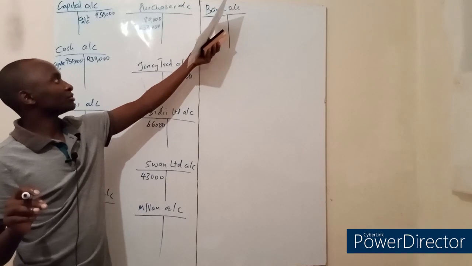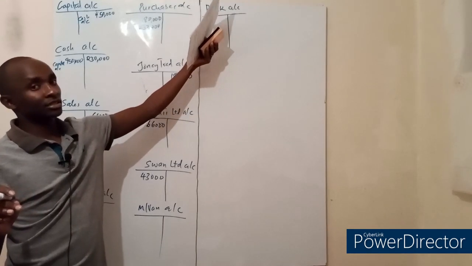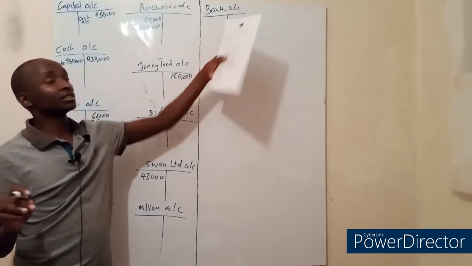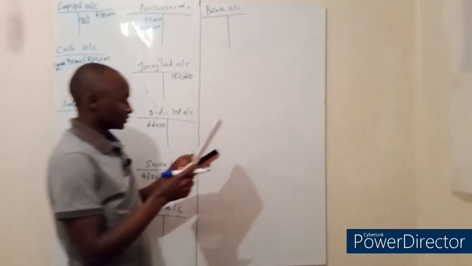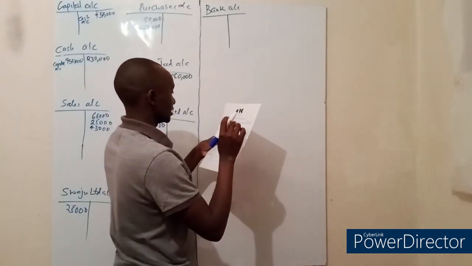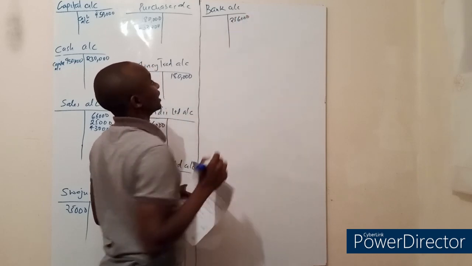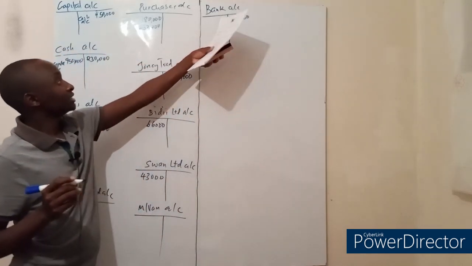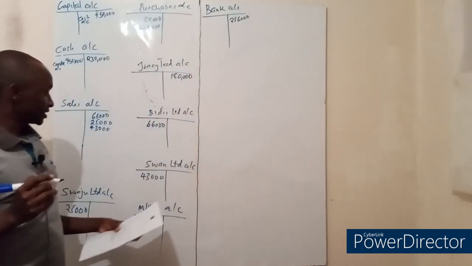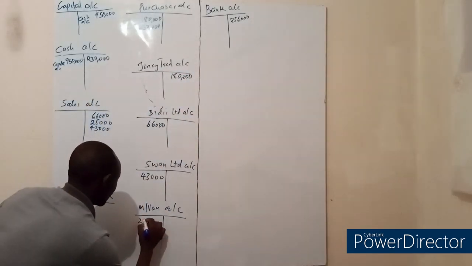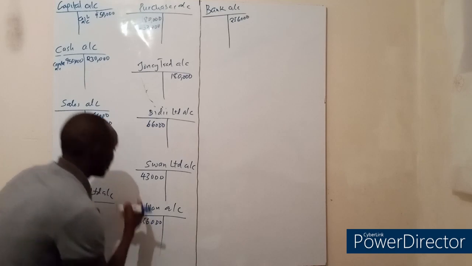So when buying a motor van, this bank account will decrease on the credit side. So decreasing on the credit side, 256,000. And then to complete the double entry, write 256,000 on the motor vehicle.